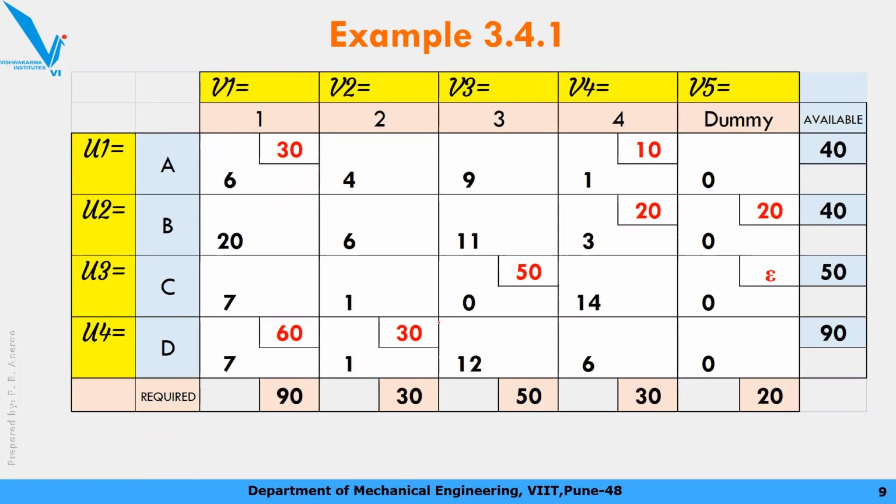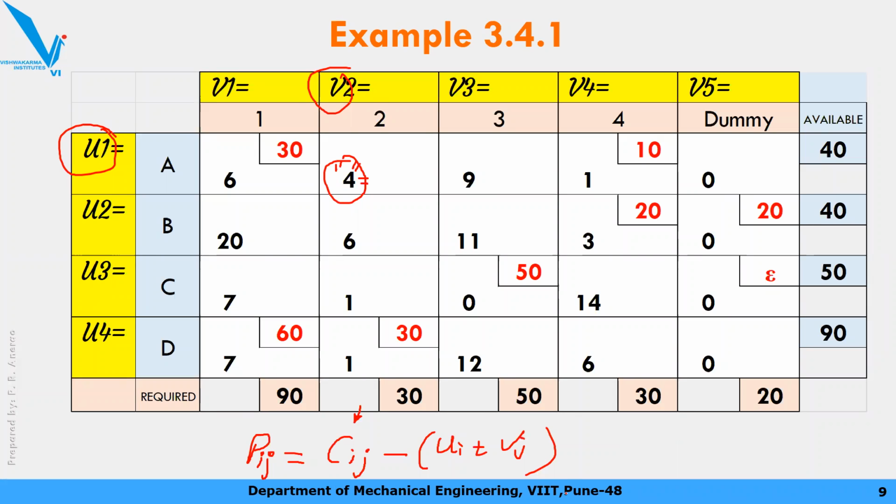ठीक है। और unoccupied cell का लिए फॉर्मूला अलग है। Unoccupied cell का जो फॉर्मूला है, penalty at that cell, because that is unallocated, penalty is equal to cost, कितना cost है उधर, for example यहाँ पे 4 है, so that will be Cij minus addition of U and V value, Ui plus Vj.